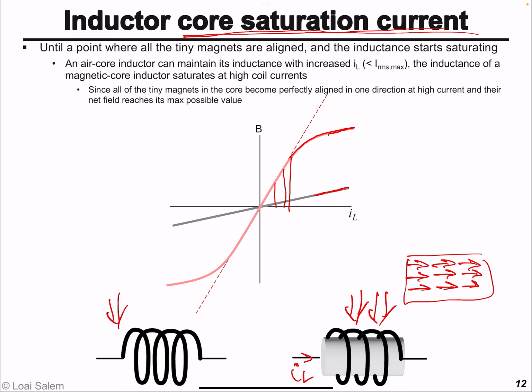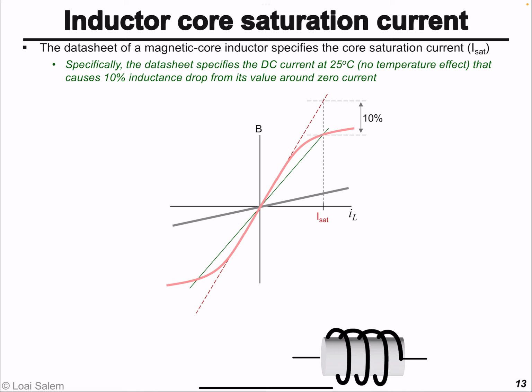Now, what is the definition of the core saturation current? It's basically the current that will cause the equivalent inductance of the coil to decrease by 10% from its zero-current inductance. So at the origin, when the current is zero, you have the highest inductance.